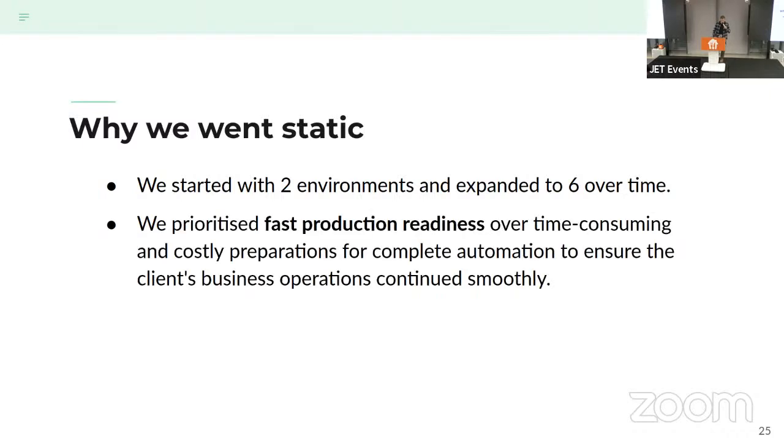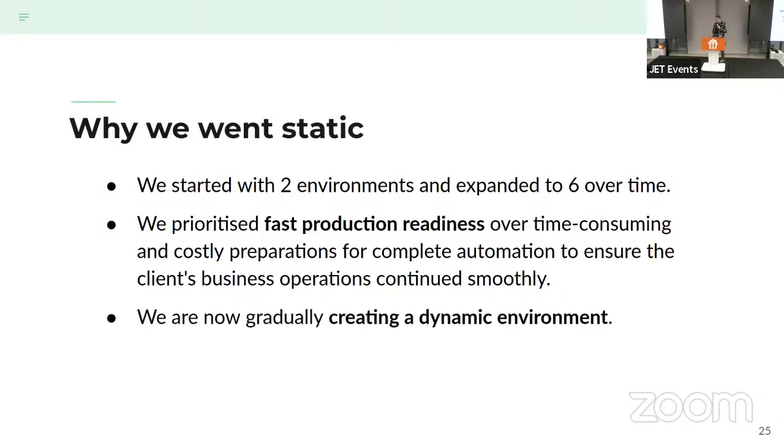Half automated environments provisioned were more time friendly for us, and we use that time wisely. In a second, I will show you how. And we gradually add the code for the environment's deployment, so we move towards dynamic ones anyway.